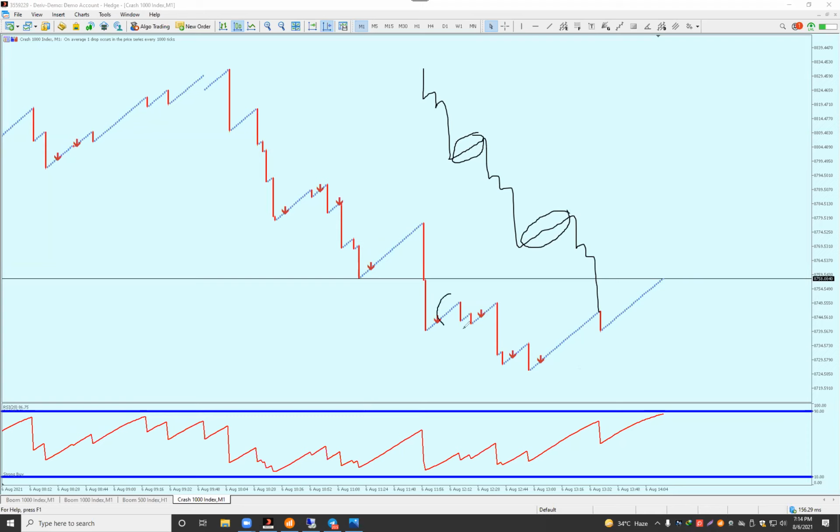So after this pullback, you found these 3 to 4 spikes, right? Now again, you will get the pullback. And if the price is starting again and you are getting the signals, then you can use. Otherwise, don't use. If the price is going against the trend, the spike catcher will not give you the signal. The spike catcher will give you the signal only when the price is in your favor. The trend is in your favor.